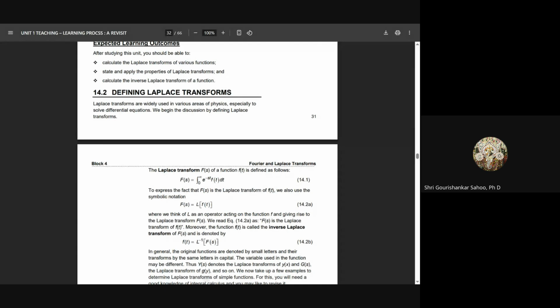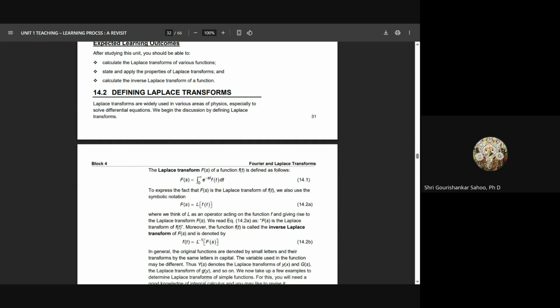So you can see the Laplace transform F(s) of a function small f(t) is defined as capital F(s) equal to integration from 0 to infinity e to the power minus st f(t) dt.